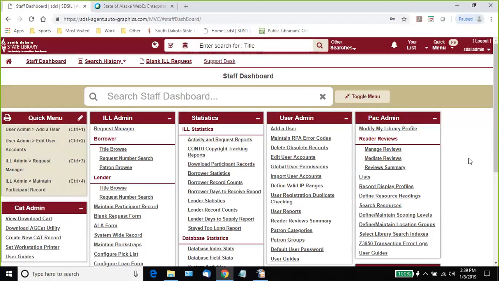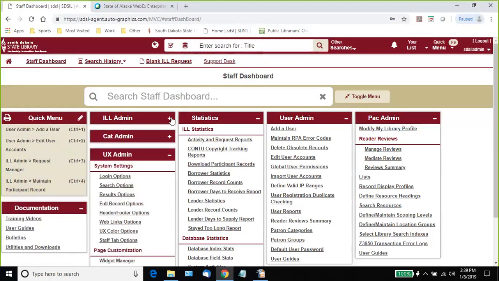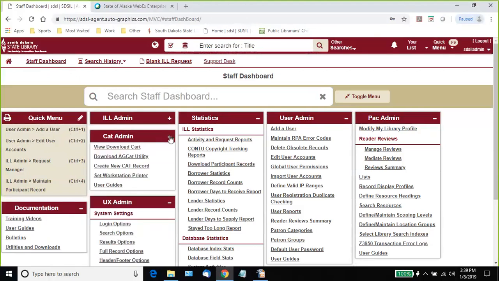But any staff person can configure this staff dashboard so that it is as neat or as messy as you want it to be. You can do a quick menu with just the things that you use all the time and keep all of the rest of these closed up or out of your way. And I just wanted to show you on the cataloging administrative menu, there's an option for downloading the AGCAT utility.